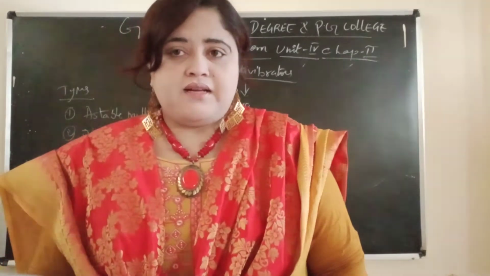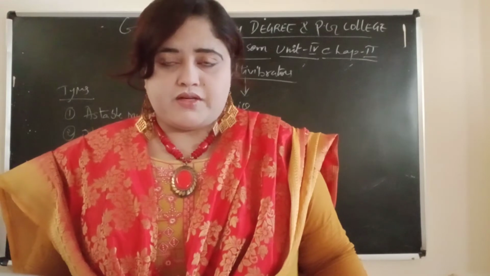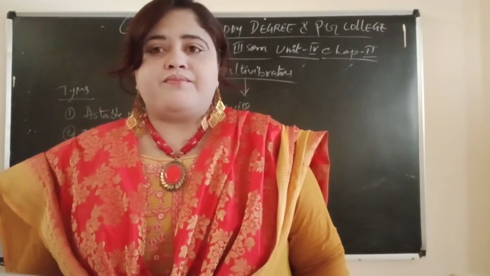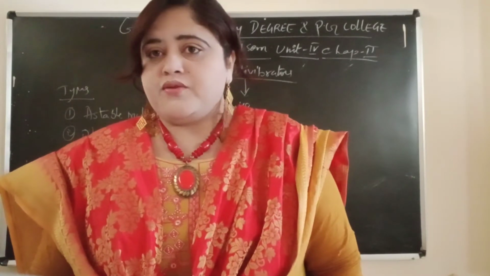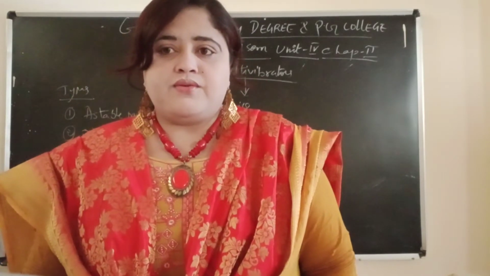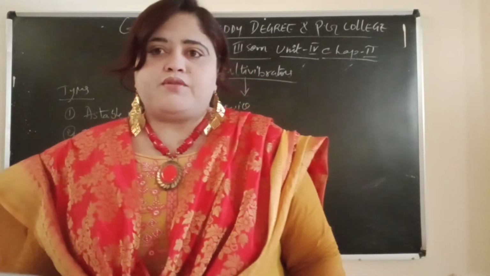We have started unit 4, chapter 2. What is the title of chapter 2? Multivibrators. A multivibrator is a device which can generate output in the form of a square wave without any AC input, as long as the DC power supply is connected to it. Then we went for the types of multivibrator.